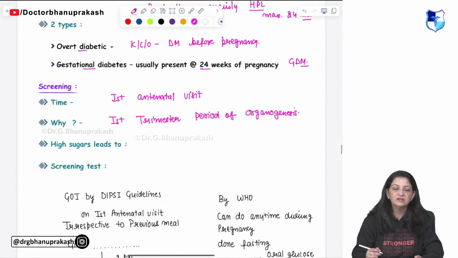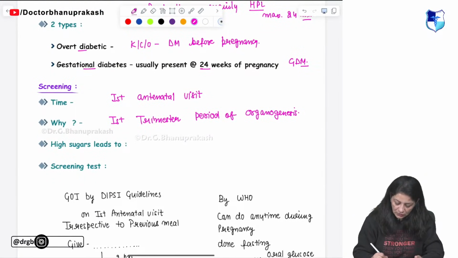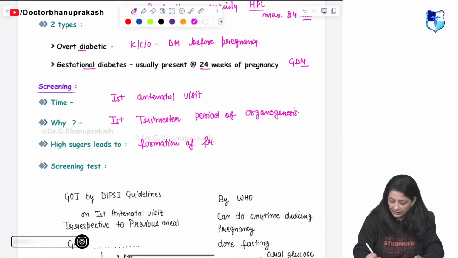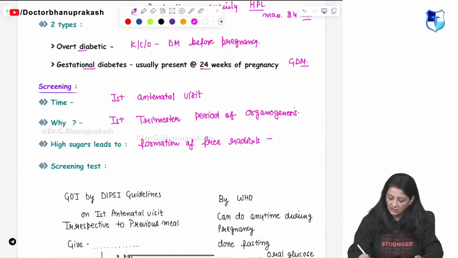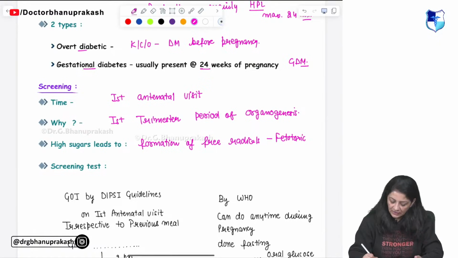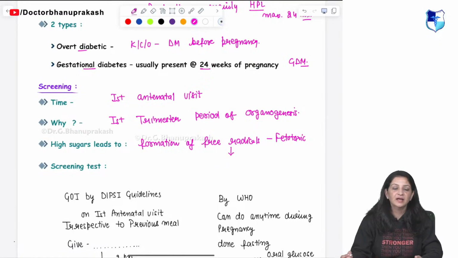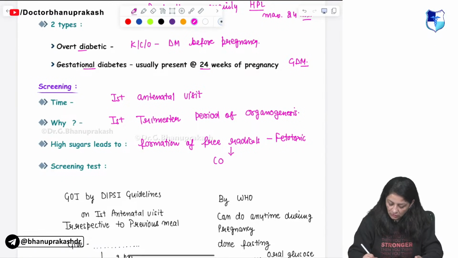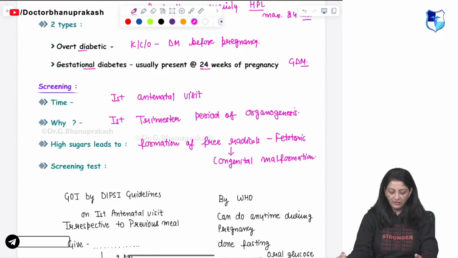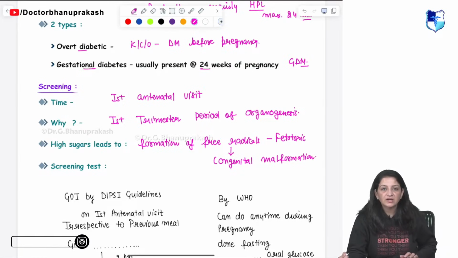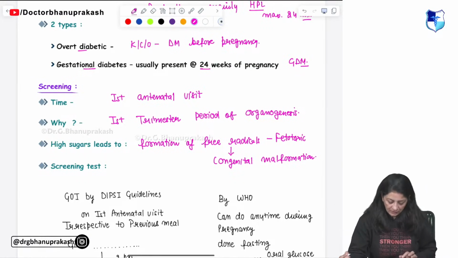High sugar level leads to formation of free radicals. But these free radicals are teratotoxic. They will cross the placenta and it will cause congenital malformation. So this is very, very important to do screening in case of diabetes in pregnancy.